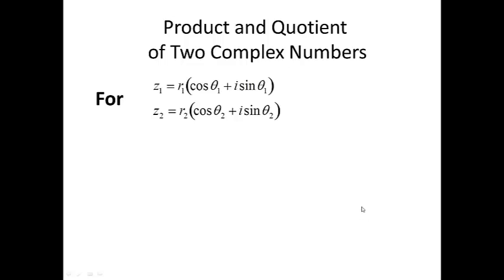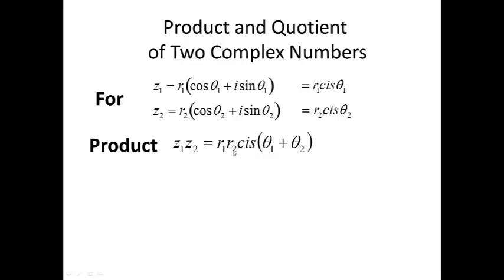Okay, now let's do the product and quotients. The rule for a product and quotient, if you're going to multiply these two complex numbers in trig form, it's a little easier to write it this way. You're going to multiply the r's, because we're multiplying the z's. Multiply the r's, and you're just going to add the two angles.